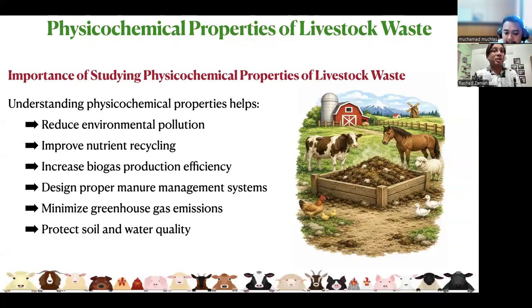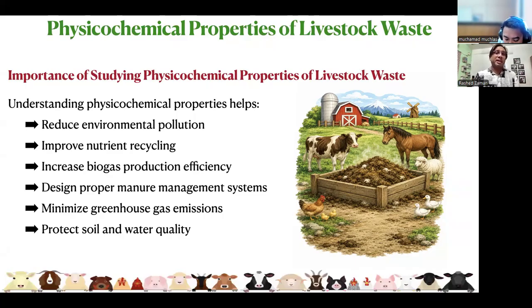Now, the importance of studying the physicochemical properties of the livestock waste. Why is it necessary to understand all these properties of the waste? Because if we study these properties, we can convert these unwanted materials into some beneficial products that we can easily use in our daily life.